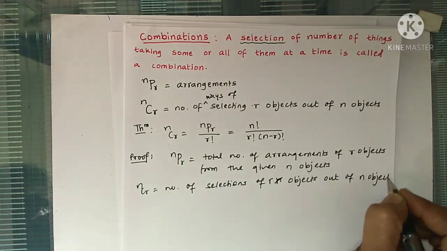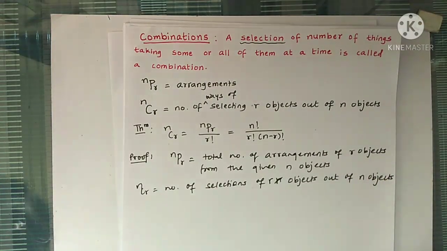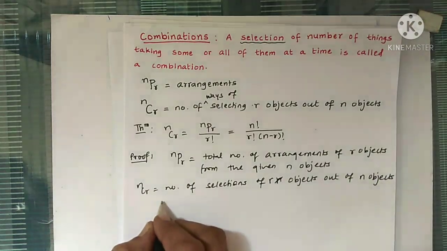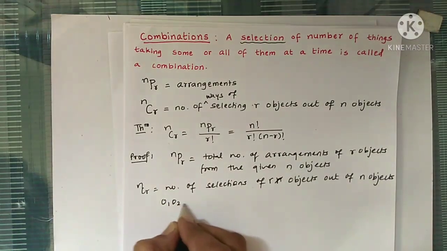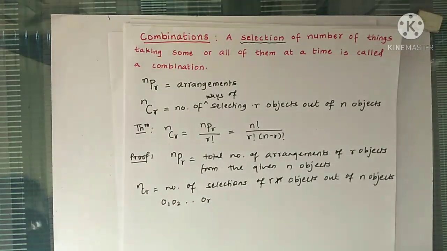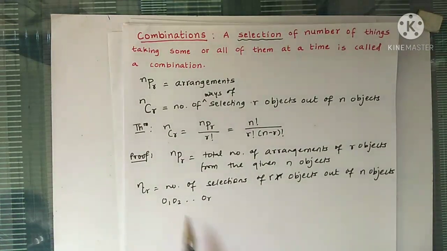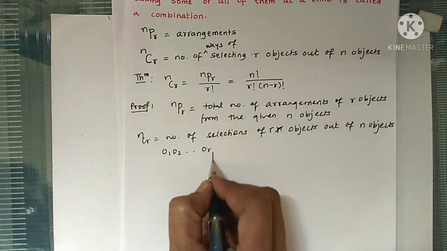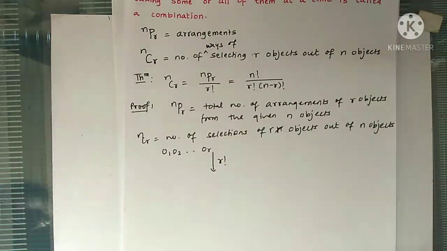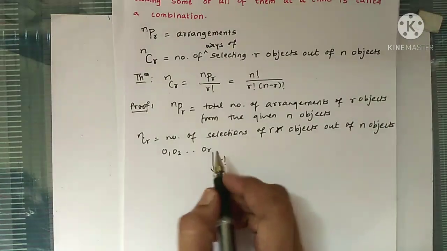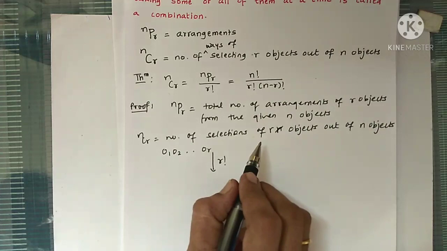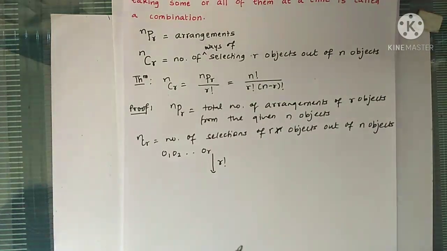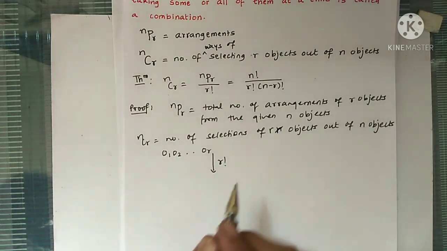Now if we consider any selection, for example, the selection object 1, object 2 up to object r, it is one of the selections since we are selecting r objects. This selection can be arranged in r factorial ways. Now nCr is the number of ways of selecting r objects out of n objects, and each selection can be arranged in r factorial ways.